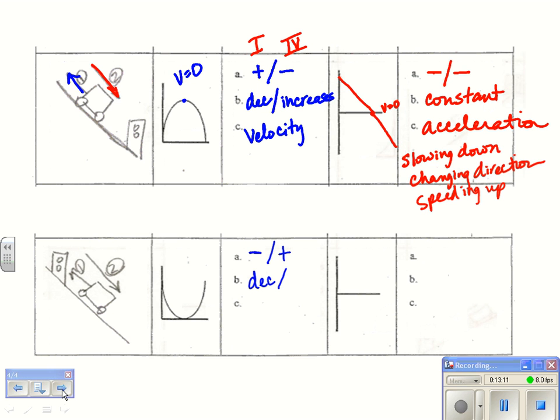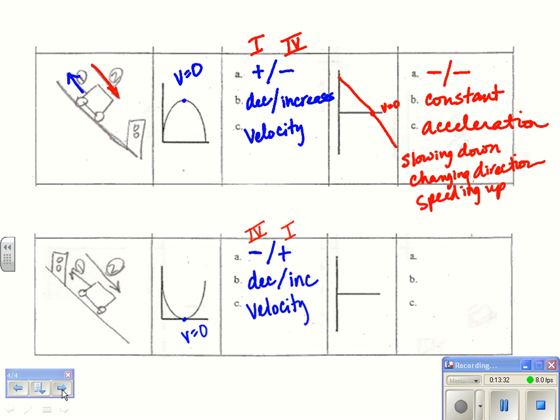And as we went away from it, we were increasing velocity. Again, it's 0 right here. Our velocity is 0. So this time we're going to want to start in quadrant 4 and move into quadrant 1.